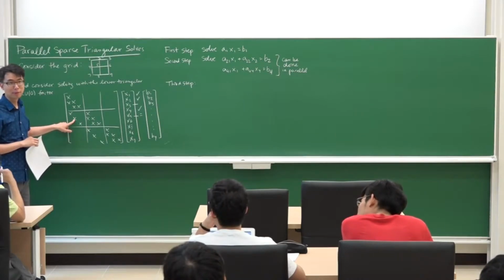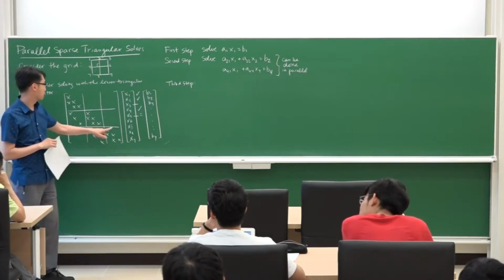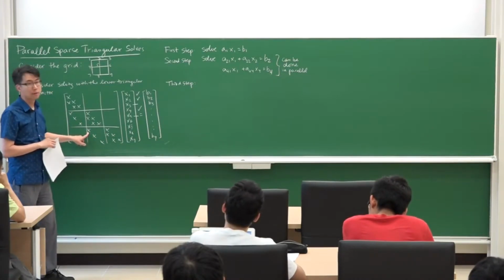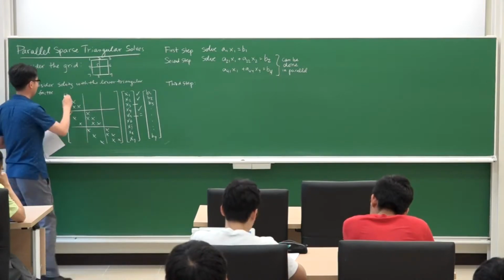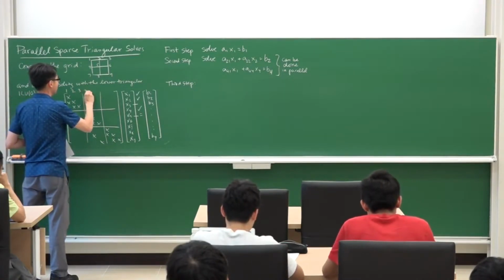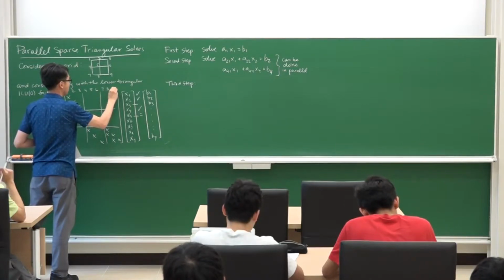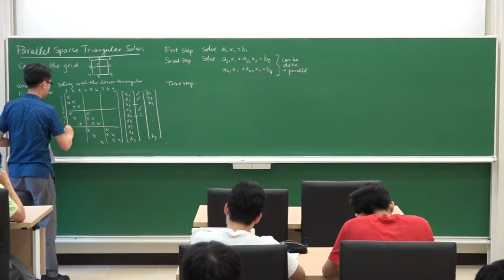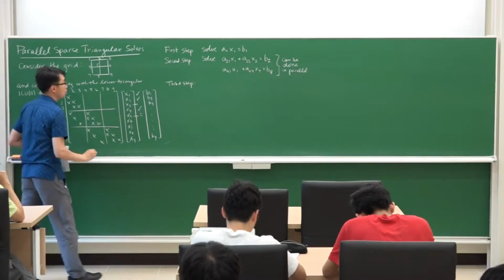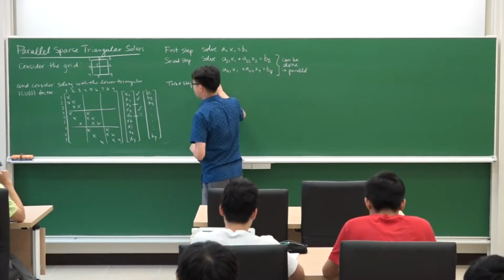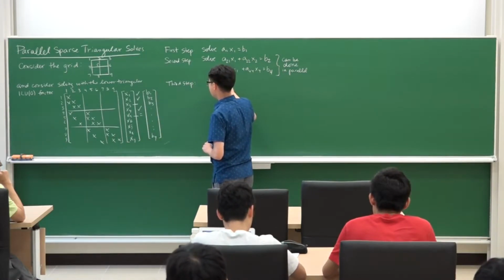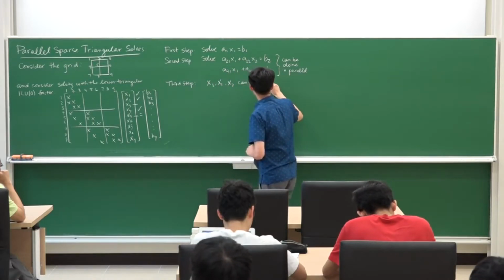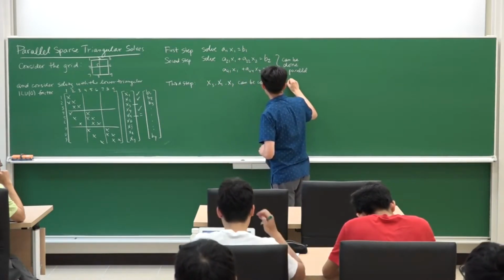And there's actually another one, x7, because x7 depends on x4. Right, so maybe it'll help if I write down these numbers. So in the third step, x3, x5, and x7 can be computed in parallel.